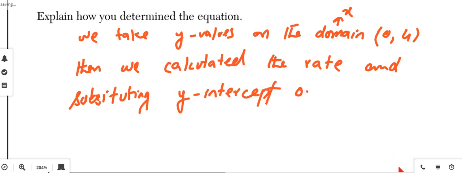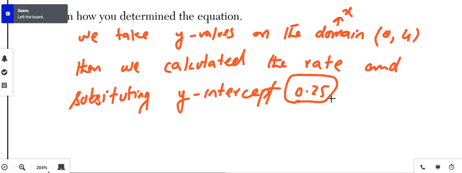which was 0.25. Let me tell you one thing. Though our y-intercept was quite ambiguous in that case, how can we find it? You can use the graphing calculator to find the value of the y-intercept. If you substitute all the exponential curve values, which were probably 0 and 0.5, 1 and 1, 2 and 2, 3 and 4, you can easily get the y-intercept by using the graphing calculator, because you are allowed to use that, right?